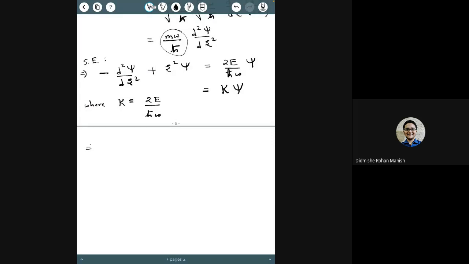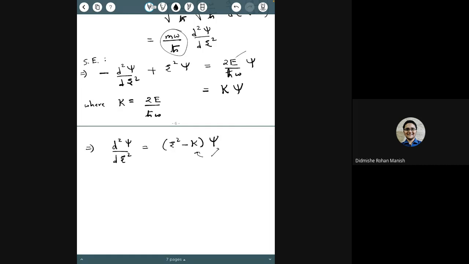So the equation that I want to solve now is d square psi by d xi square is equal to xi square minus k psi. Okay. So the goal of the equation is to find the energy E and the wave function psi, and that translates to basically finding k and psi in this equation.